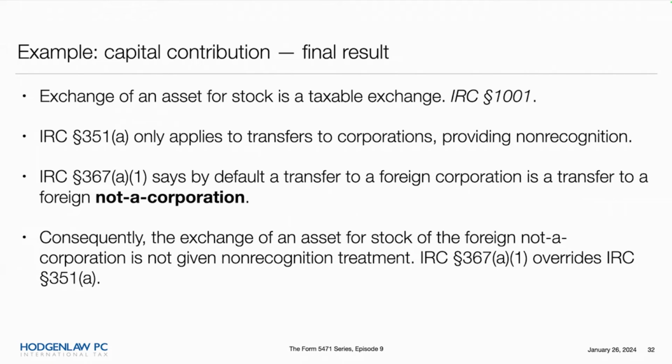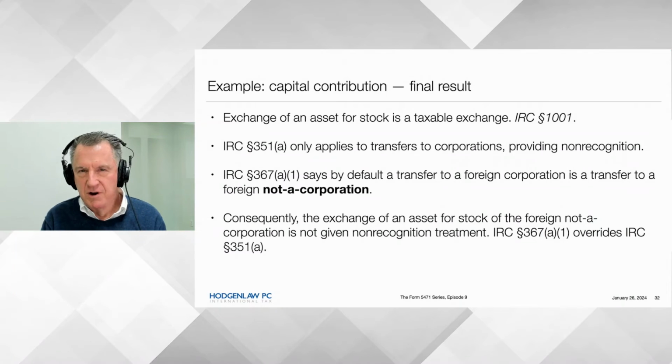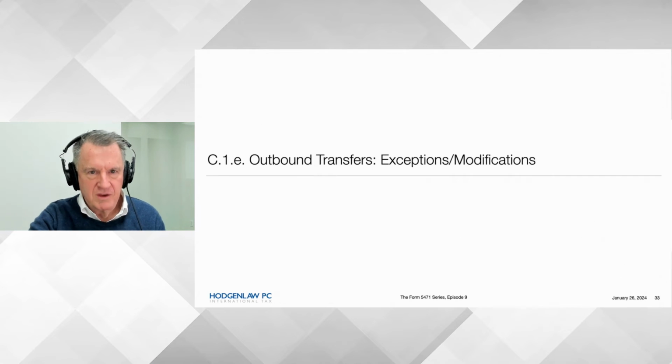And therefore, we fall back and we have gain recognition. And that's what we're going to expect. And indeed, in the big picture, as you're operating and giving advice or looking at something and trying to figure out how did this thing get taxed, just assume until proven otherwise that outbound transfers are going to be taxable.